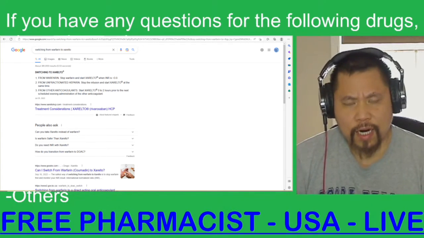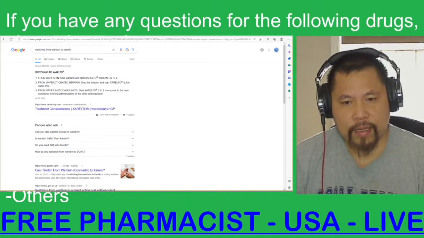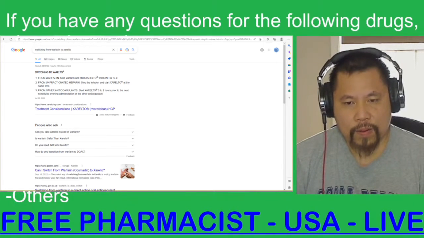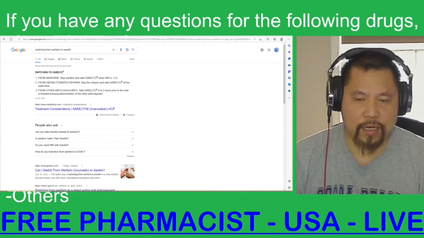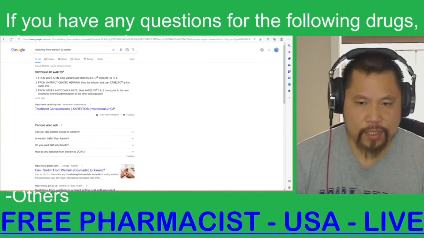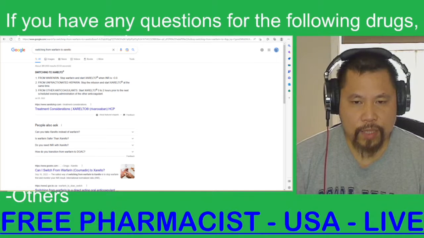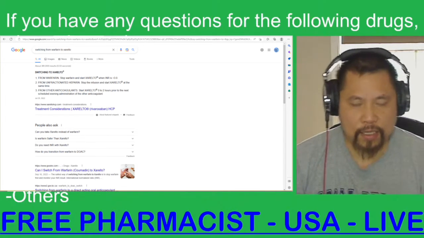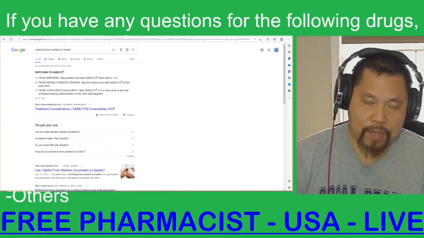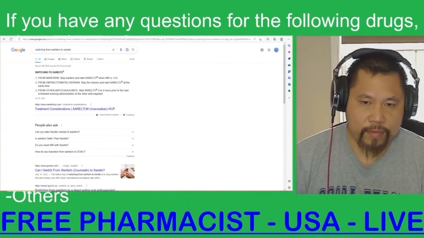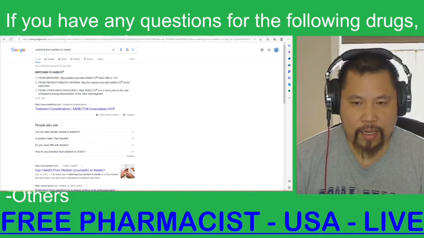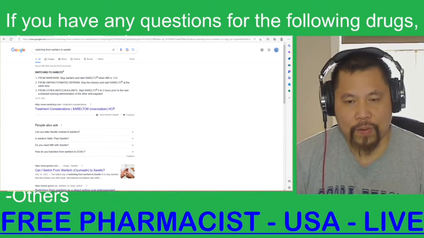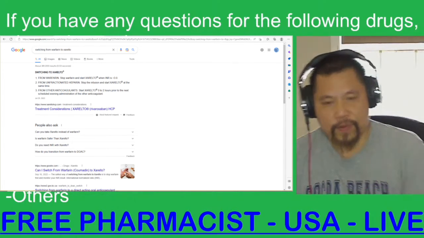In the hospital, you may monitor or recheck INR on a daily basis to make sure INR is less than 3 before you start the Xarelto. But how about the outpatient setting? You don't do the INR on a daily basis. How do you plan for that?